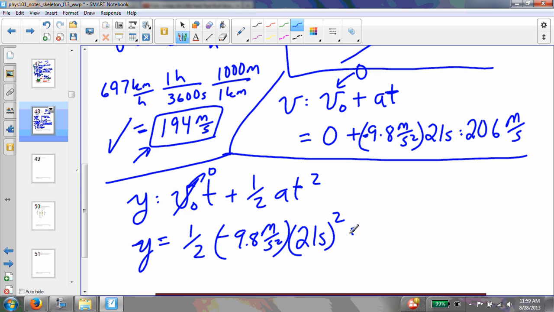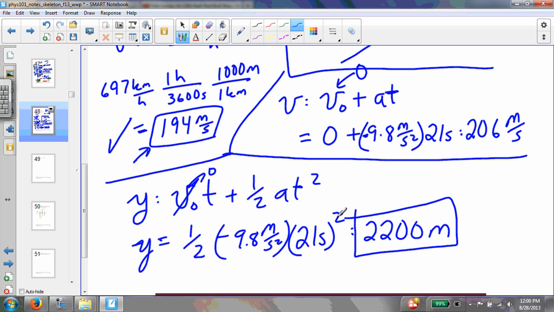So he's fallen about a half a mile, 2,200 meters. Excuse me, no, more than a mile, about a mile and a half. So 2,200 meters in 21 seconds. Again, that's about 1.5 miles or so.